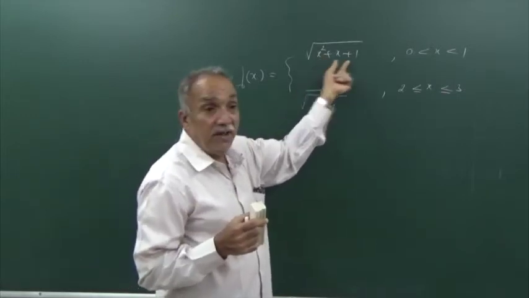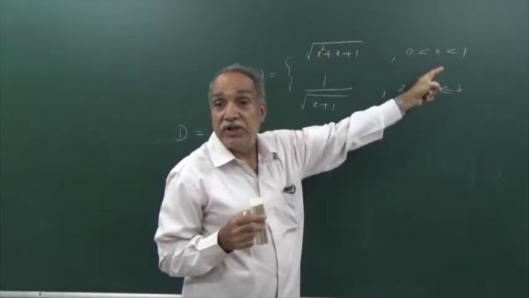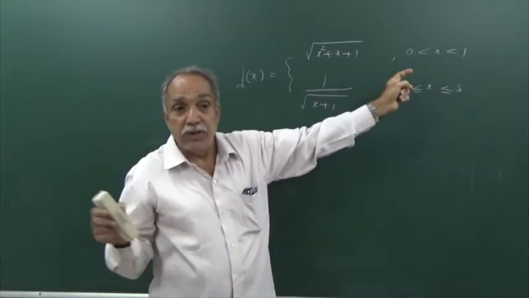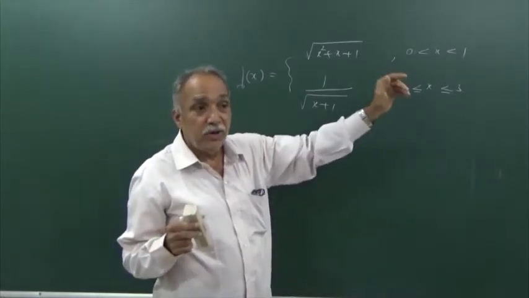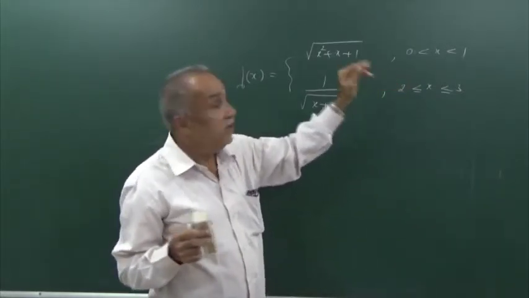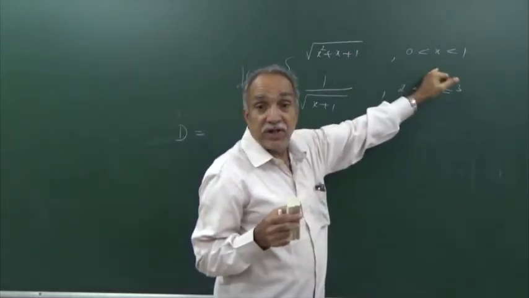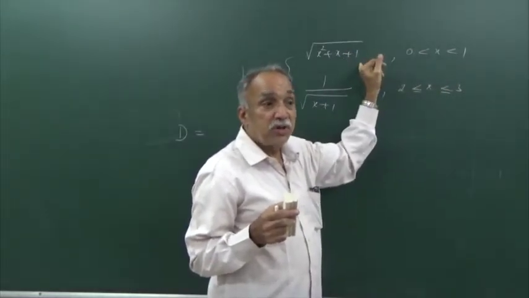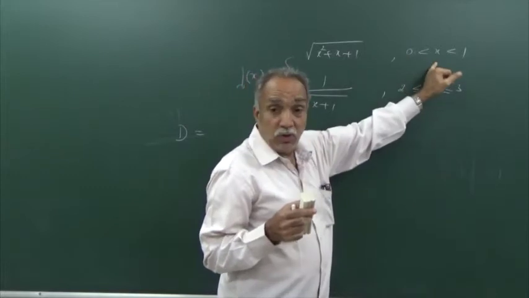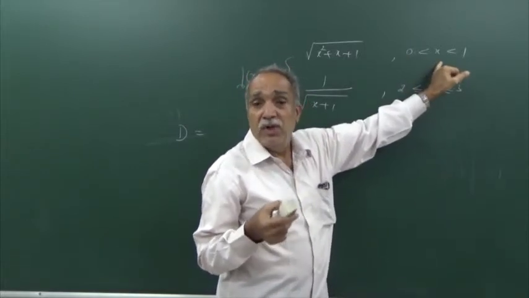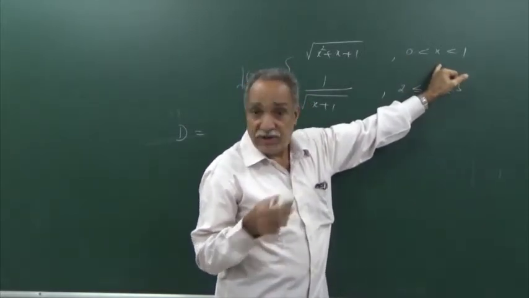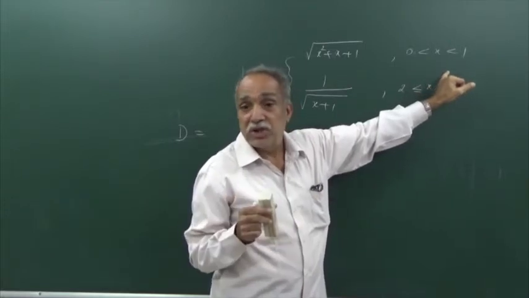Suppose this is undefined at 1 or 2 points of the interval, then you will have to keep those points outside. Even though in the definition I mentioned that this is applicable for every x here, suppose it is not possible to evaluate this at x equal to some one of the points or some few points belonging to the interval, you will have to keep those points out.